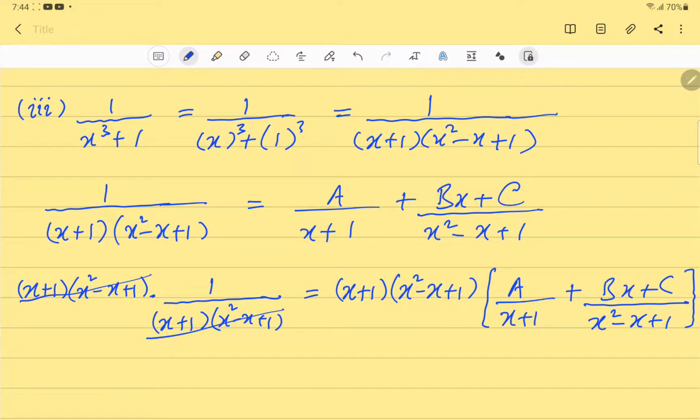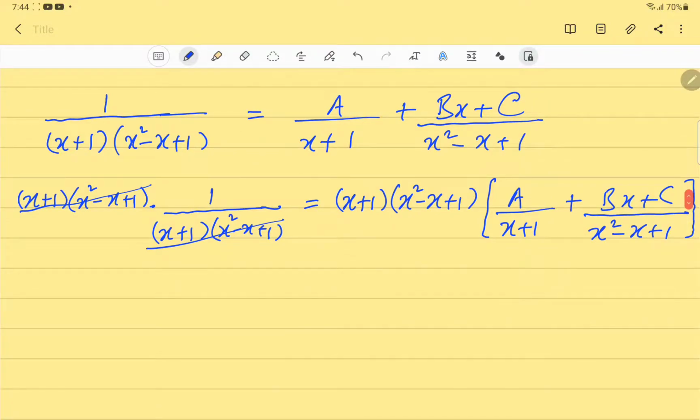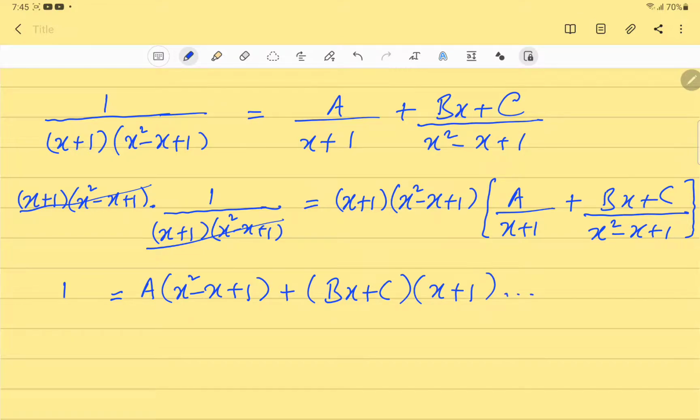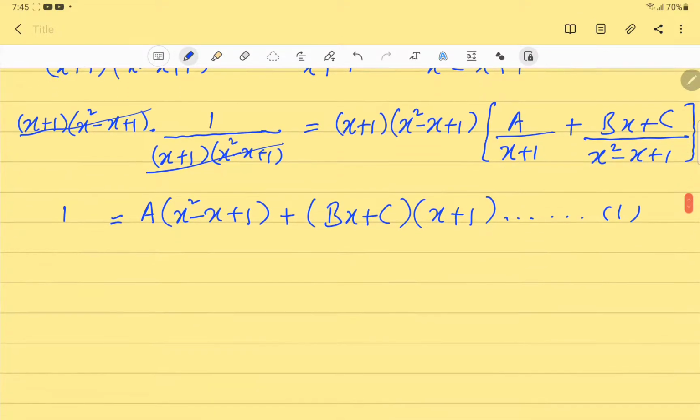This cancels with this and we are left with 1 on the left side, equals, we will multiply x plus 1 into x squared minus x plus 1 with both the terms inside the bracket, and we will be getting A into x squared minus x plus 1, and the other one is Bx plus C into x plus 1. Let us call this equation as 1.